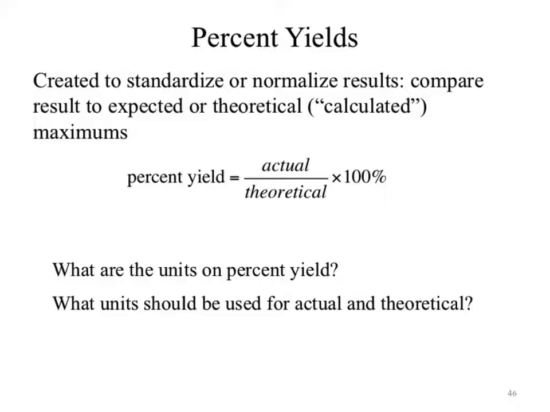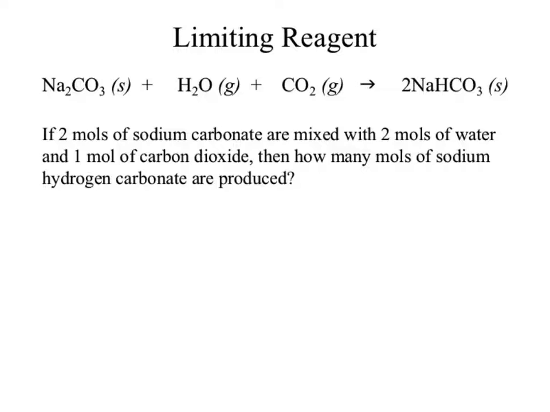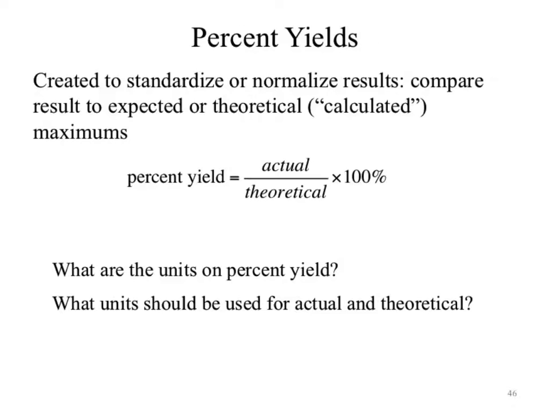That's going to be dependent on the limiting reagent. So to determine the theoretical yield, we must do a limiting reagent calculation. Officially, to run a percent yield question, you'll take an actual value that you're given, and then you'll have to do a limiting reagent calculation to determine the theoretical yield. You can then punch it into your calculator and get your result.